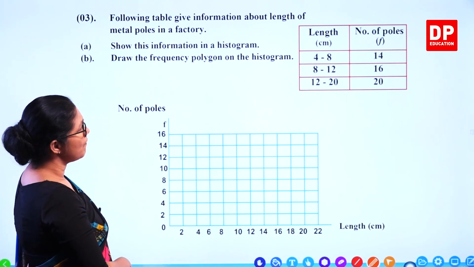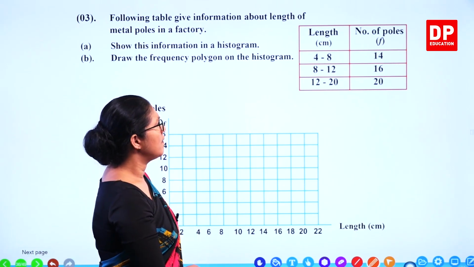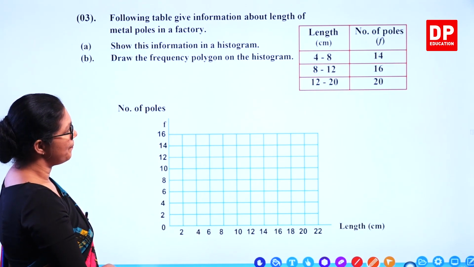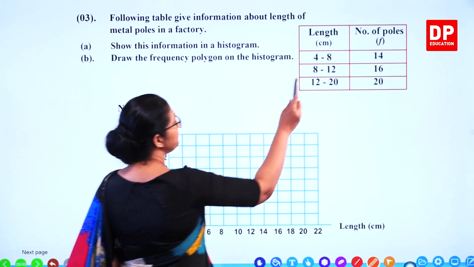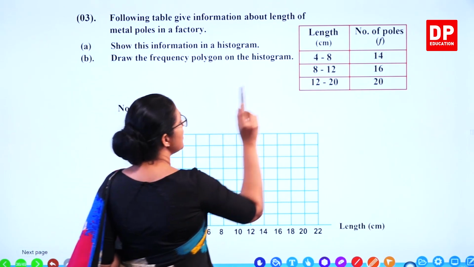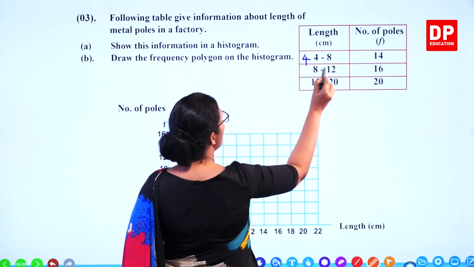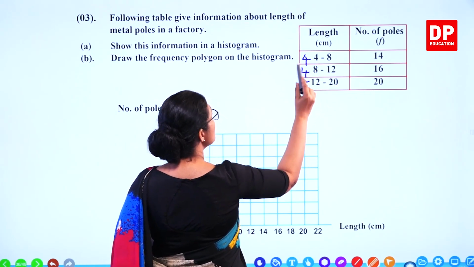We have to first check whether the widths are the same. 4 to 8, 8 to 12, 12 to 20, that's not the same. So if you take 4 to 8 as 1 unit, how many units are there here? Here the difference is 4, here 4, but here 20 minus 12 is 8. 2 parts are there.